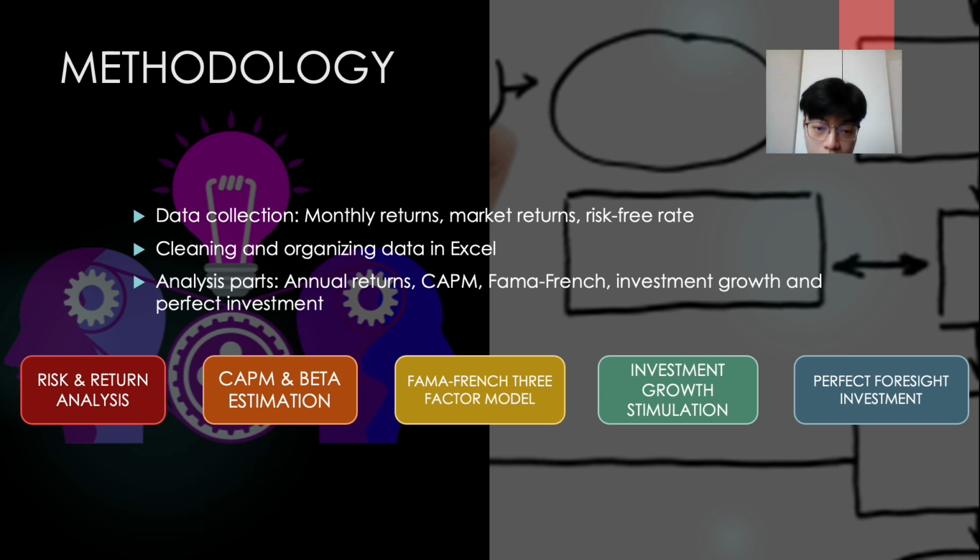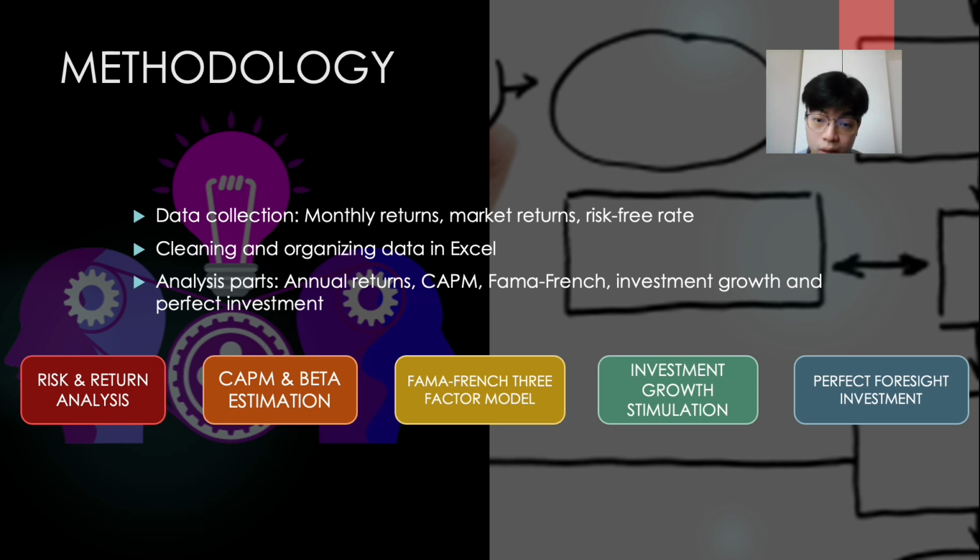We also calculate alpha, which indicates a stock's performance on a risk-adjusted basis. We plot this finding on a returns-beta graph, including the security market line (SML), to visualize the relationship between returns and beta.